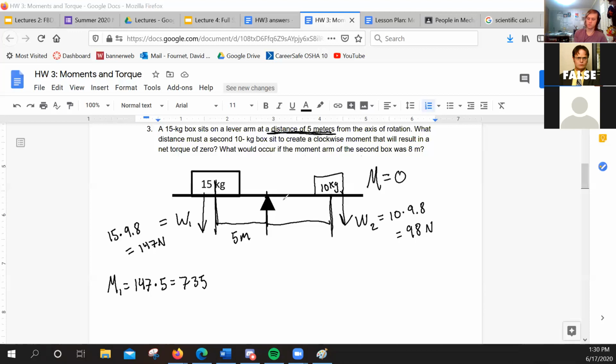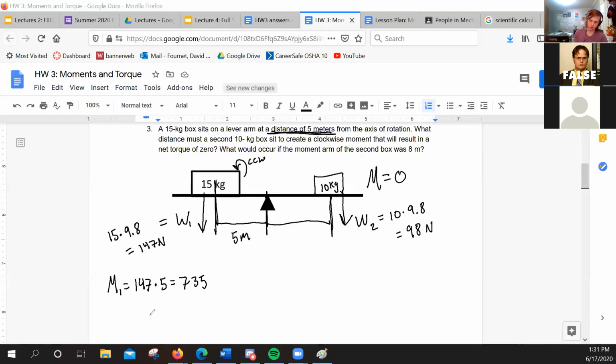It'd be negative, right? Because weight is, oh no, it'd be positive. Yes, it's going counterclockwise. The weight is pushing it down this way, making the seesaw rotate like that. So it's positive, because it's counterclockwise. We can say this one applies a counterclockwise moment.